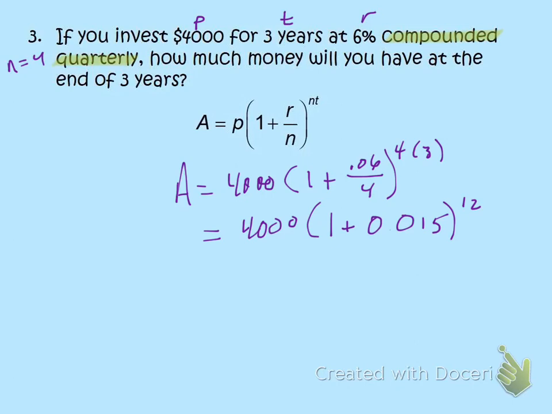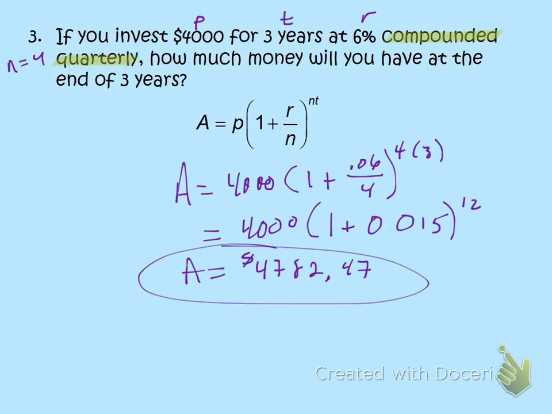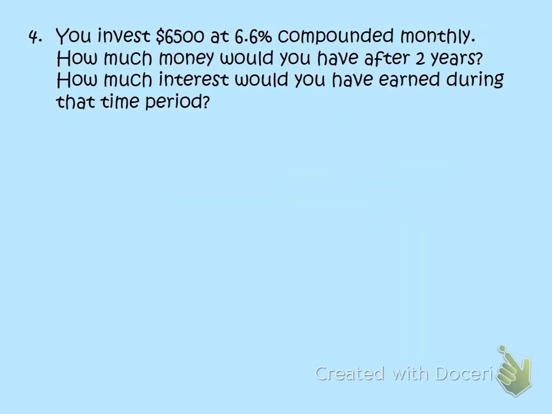So 1.015 raised to the 12th power, and then multiply by 4,000. And that'll get you your new amount of $4,782.47. Okay? All right. So again, pick out the right formula, and the numbers to plug in should be pretty easy.